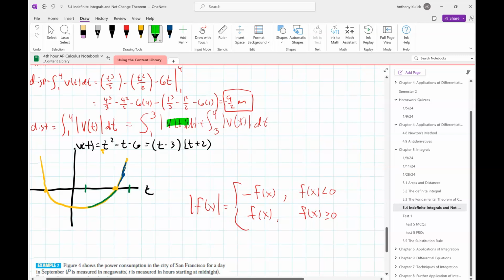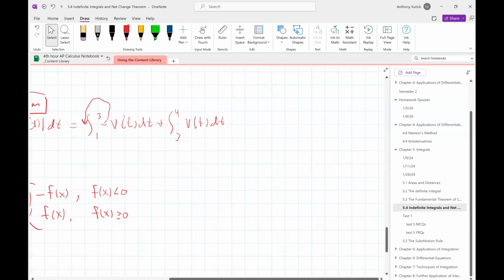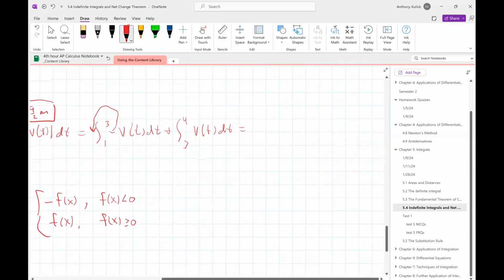Now we know that in this piece, v of t is always negative, and in the other piece, v of t is always positive. And with my rules of integration, I can just pull that negative sign out front. So I have negative, and then I'll do my antiderivatives again.